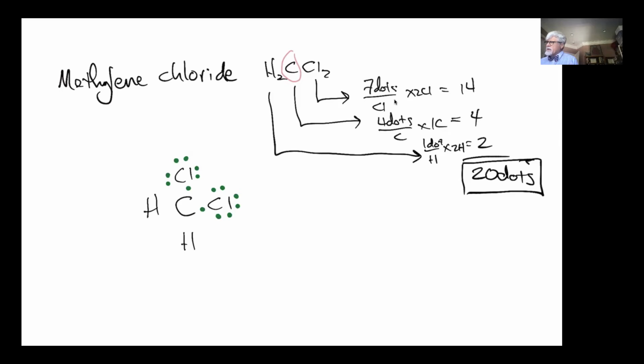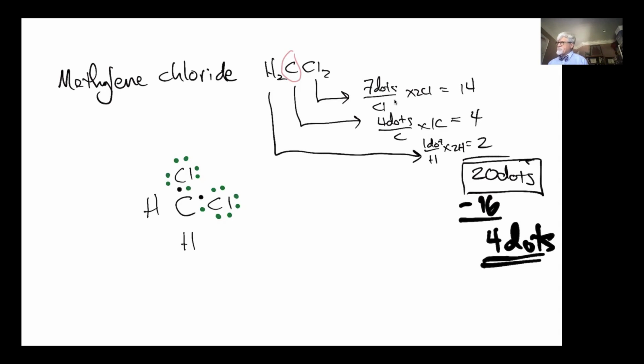I'm going to add an 8th dot to each of those, but those dots are going to come from carbon. Notice I've completed the octet on my 2 chlorines first. 2 octets, that's 8 times 2, that's 16. I'm still 4 dots short of the 20 that I need. So I need 4 more dots.